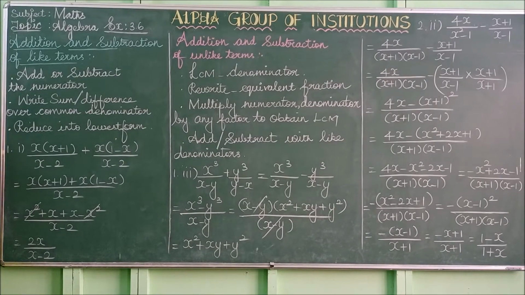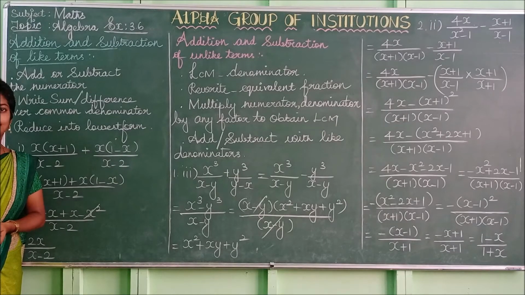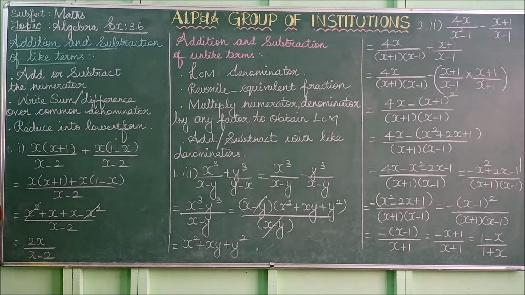For multiplication and division, you should not consider the like terms and unlike terms. For addition and subtraction, you have to consider like terms as well as unlike terms. So first of all, we are going to see the like terms.